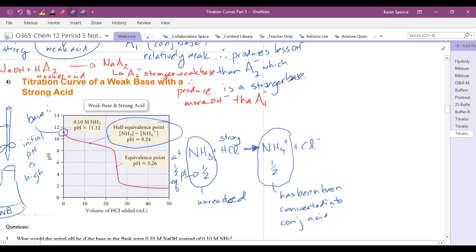So we have half which is unreacted weak base, and half which is the conjugate acid. And so that means that we have a buffer. So this would be the buffer region, close to the equivalence point or the half equivalence point.